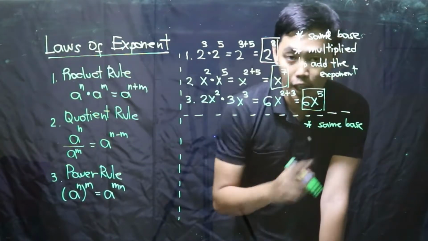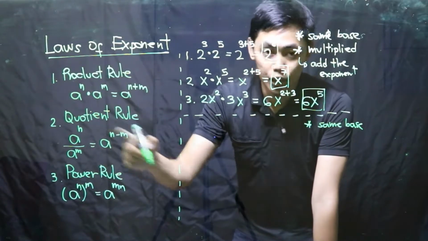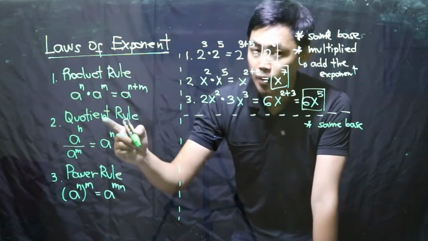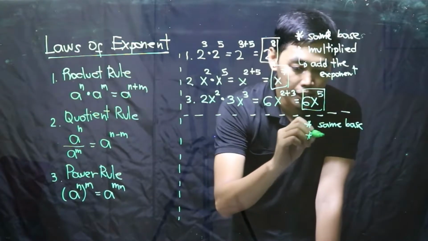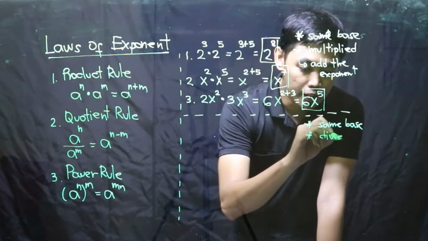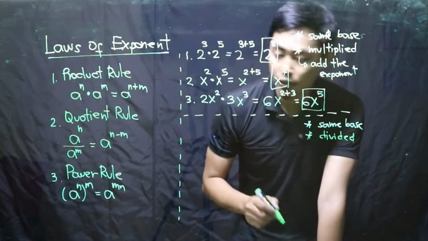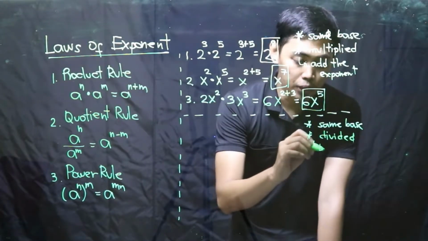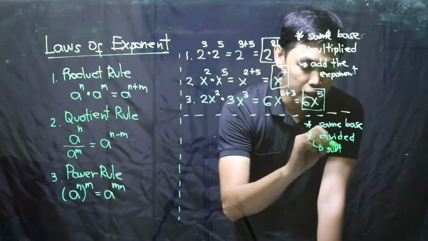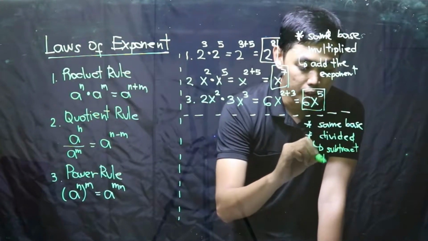If they do not have the same base, this rule will not apply, okay? So they have the same base and then they are divided. Okay, so one number is divided by another. So what you will need to do is subtract the exponents.